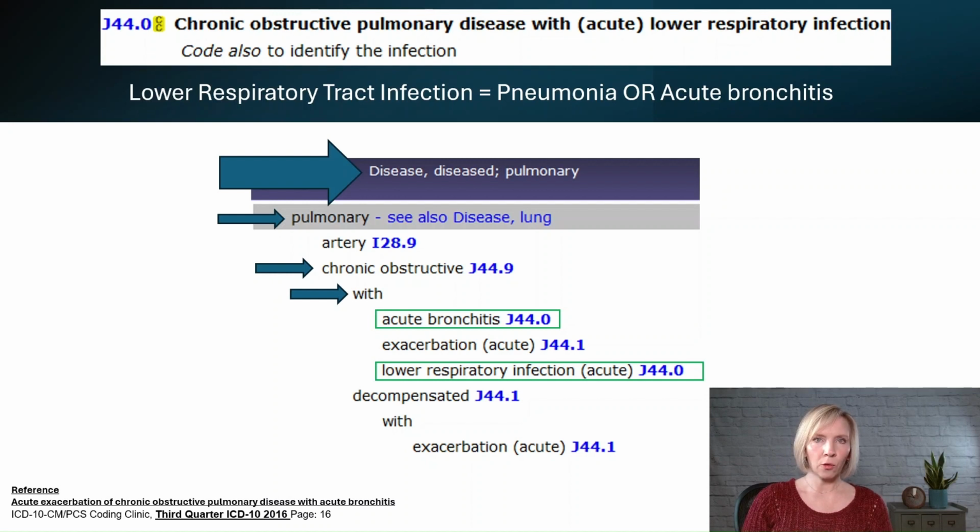Therefore, J44.0 can be assigned when a patient with COPD is diagnosed either with acute bronchitis or pneumonia. It's not necessary for the physician to explicitly state a relationship between the lower respiratory tract infection and COPD because these conditions are linked in the alphabetic index by the word with.